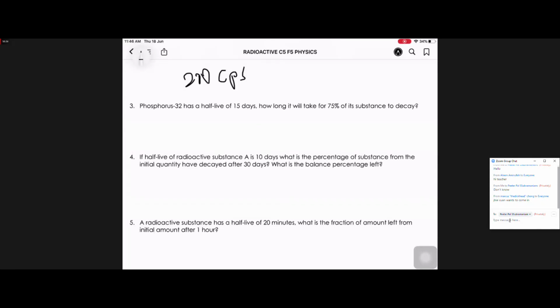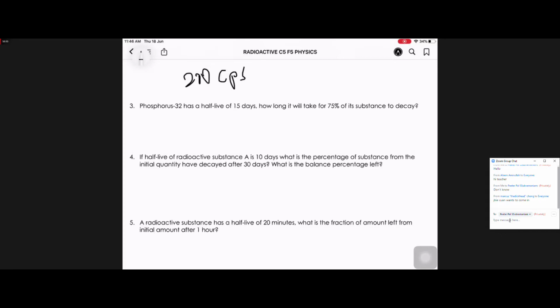Phosphorus-32 has a half-life of 15 days. How long will it take for 75% of its substance to decay?